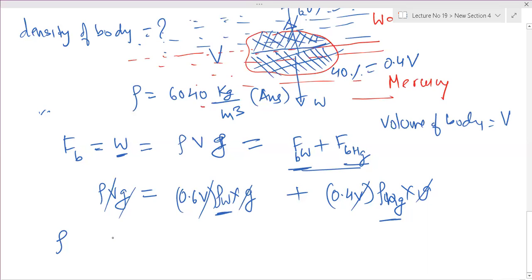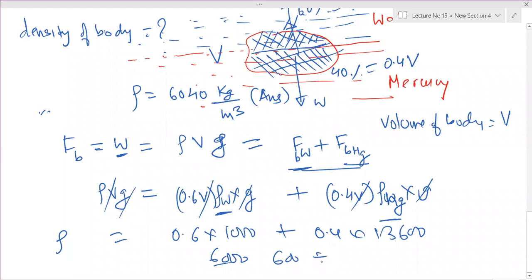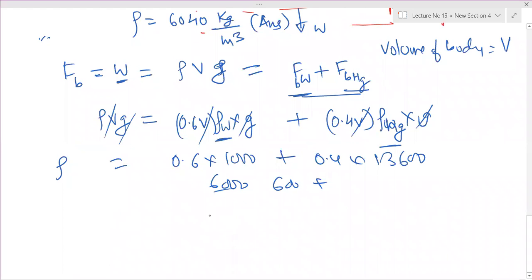So rho will be 0.6 into 1000 plus 0.4 into 13.6 thousand. It is 600 plus whatever it is. So this is your answer.